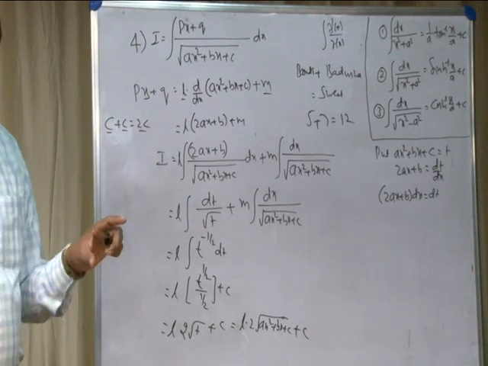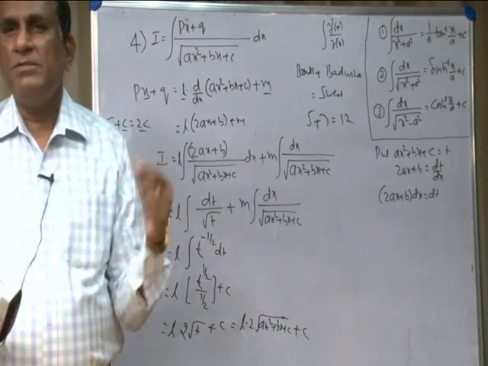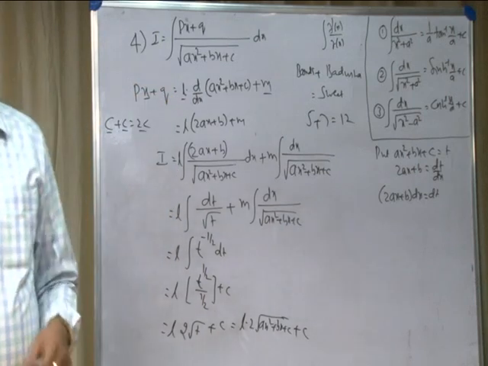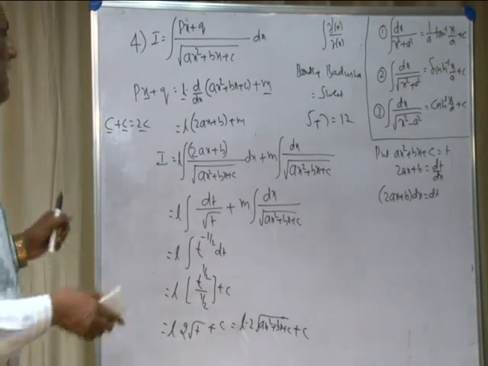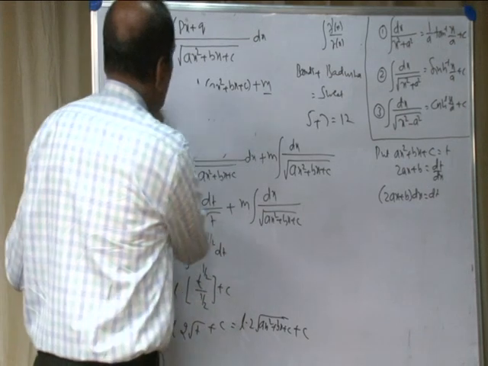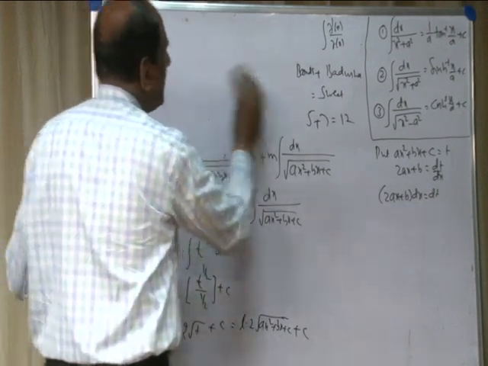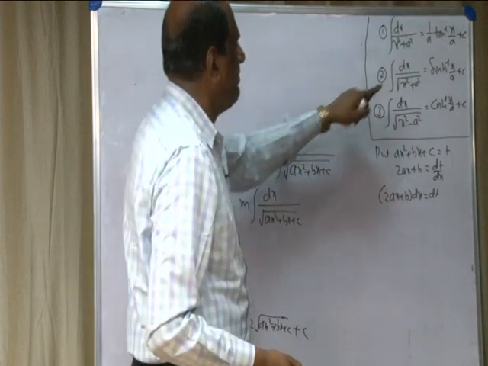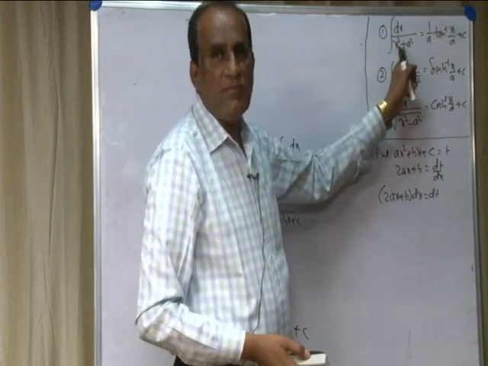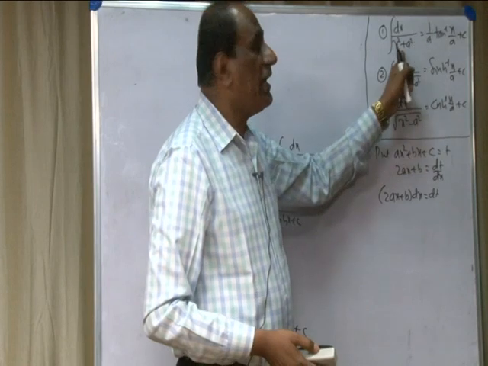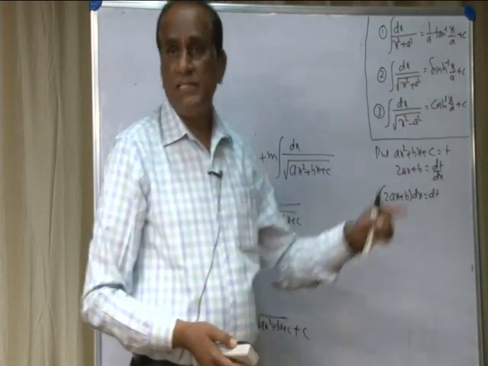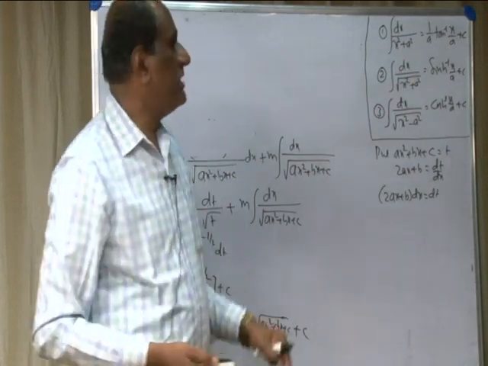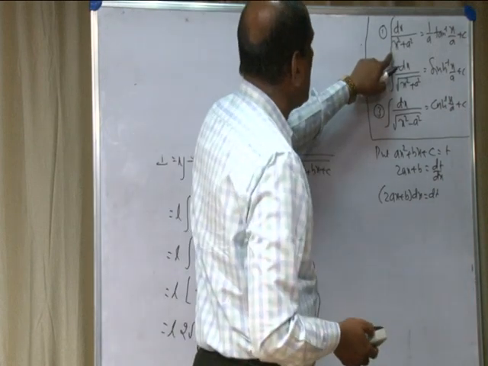Now, I am going to explain problems based on these standard forms of integrals. I am going to use 3 standard results in today's class. First, dx by x square plus a square. I explained this formula in the last class, and also derived it. 2 derivations are required according to your syllabus, therefore I derived this result also.